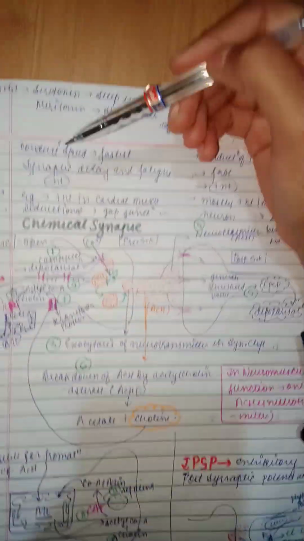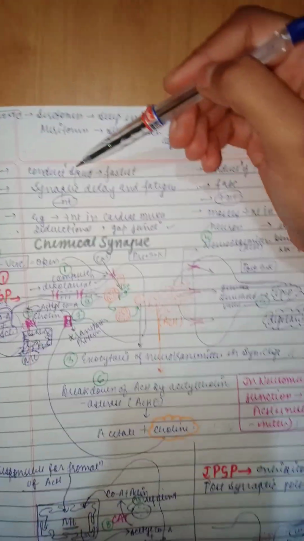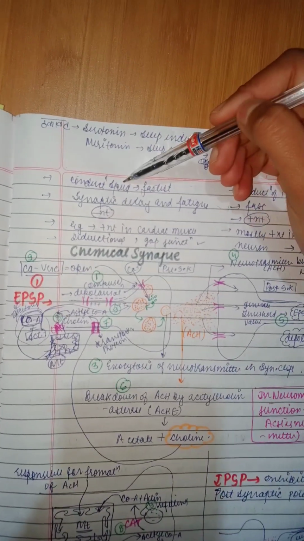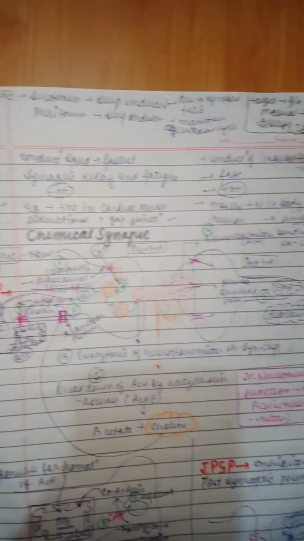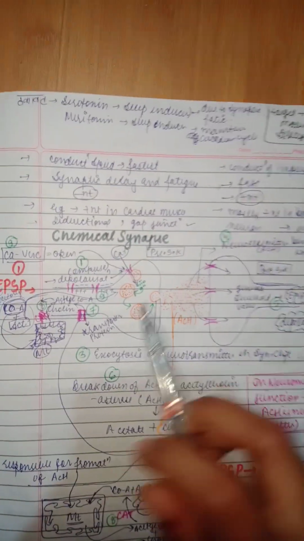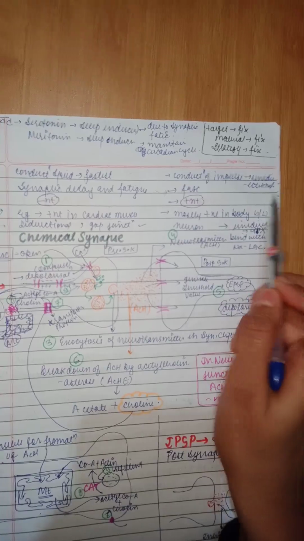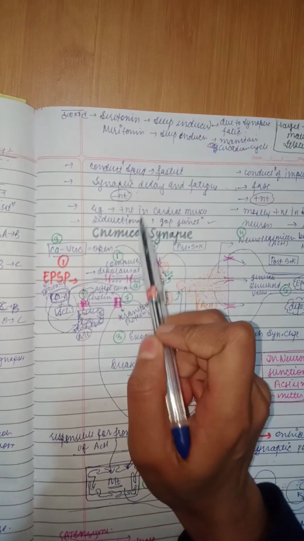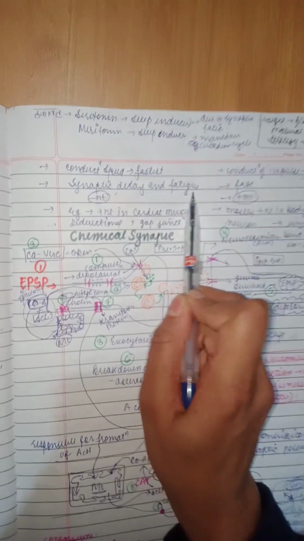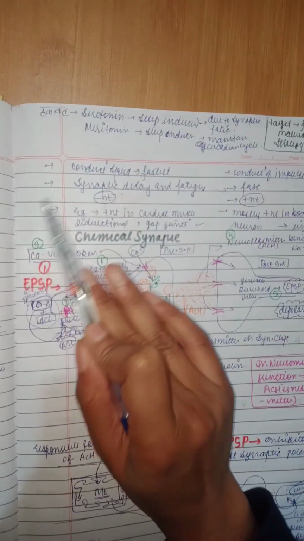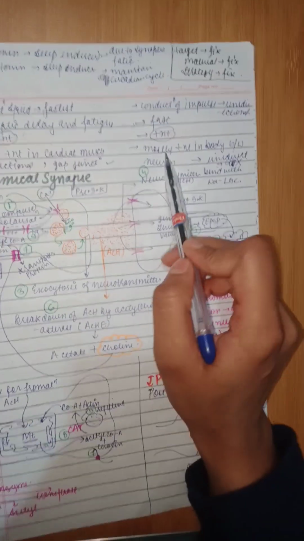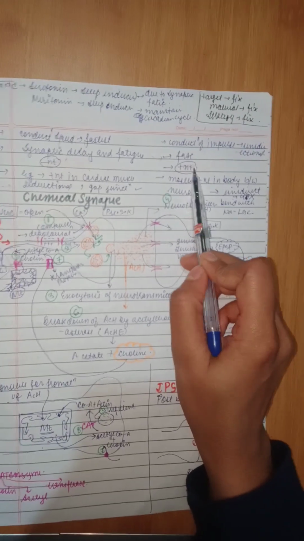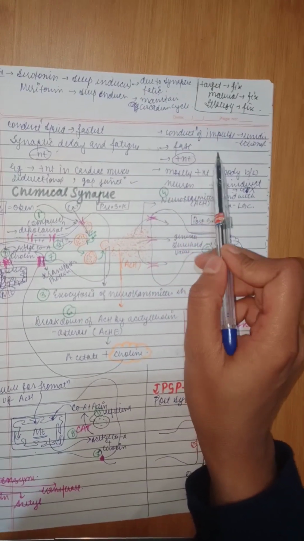Differences between the electrical and the chemical synapse. In an electrical synapse, the conduction speed is faster than in the chemical synapse. The chemical synapse is unidirectional, while the electrical synapse is bidirectional. Synaptic delay and fatigue are absent in an electrical synapse, while in the chemical synapse the synaptic delay is present.